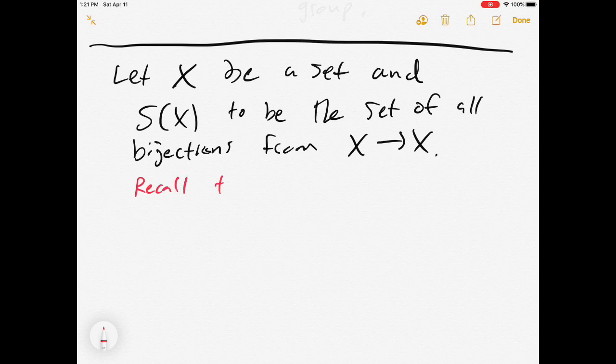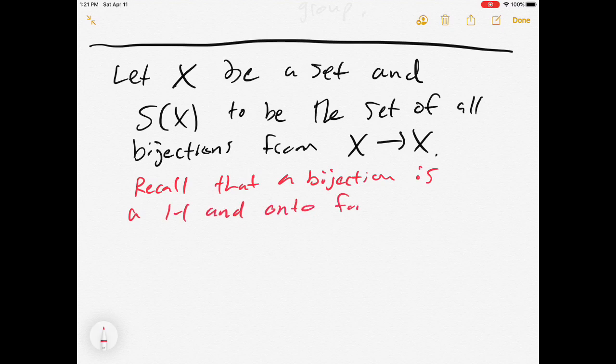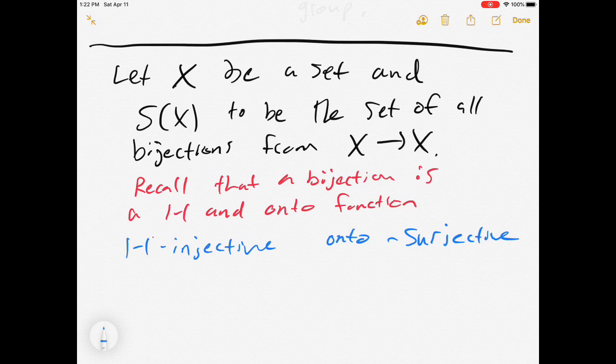Recall that a bijection is a one-to-one and onto function. We also say that one-to-one functions are injective, and onto functions, sometimes we say, are surjective. Different words for the same thing.